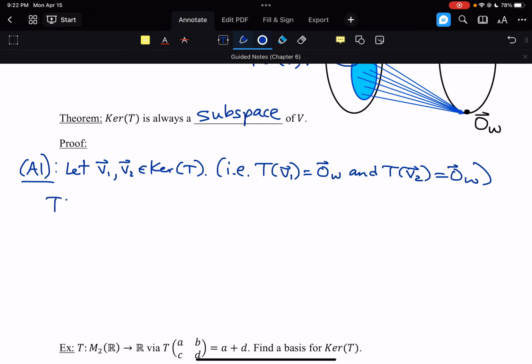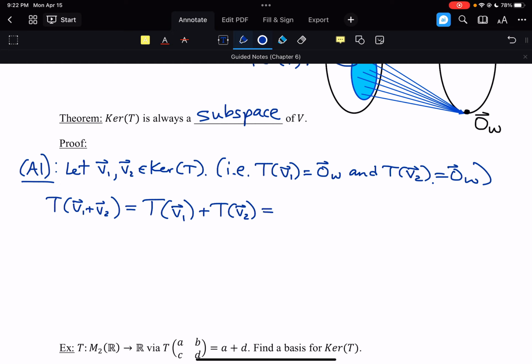All right, so then we consider T of V1 plus V2. Remember, we're not proving that T is linear. We're proving that the kernel of T is a subspace. Because this is a linear transformation, we know that it respects addition, so we can split that up.